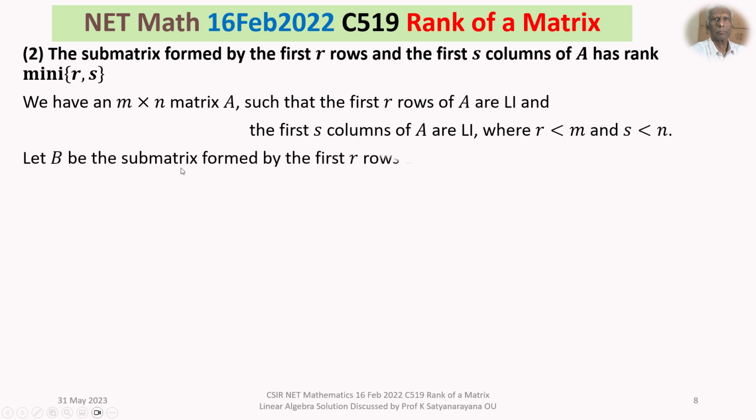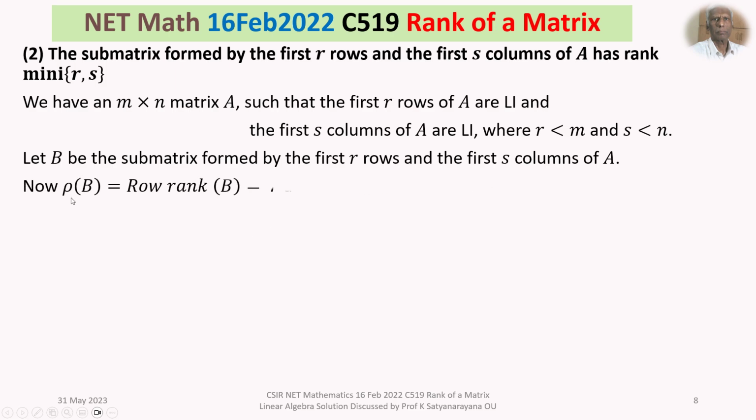Let capital B be the submatrix formed by the first R rows and the first S columns of A. That means it is an R by S submatrix. Now, the rank of B is equal to row rank of B, yes. And how many linearly independent rows are there?